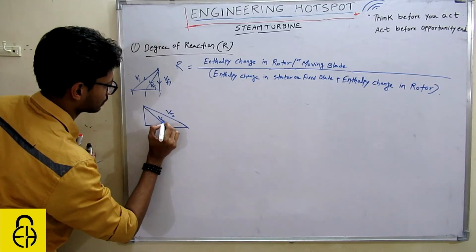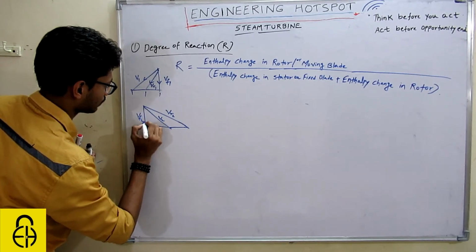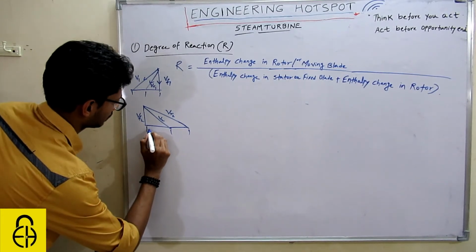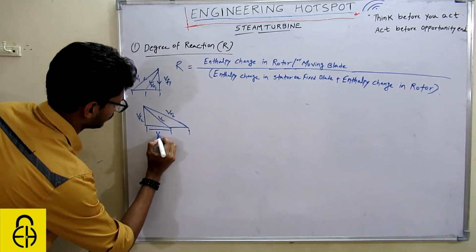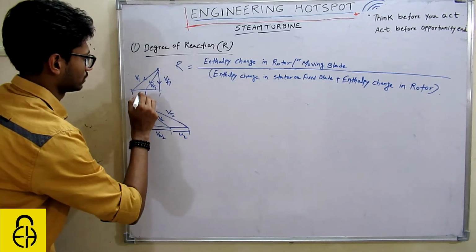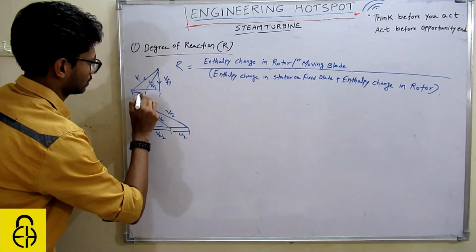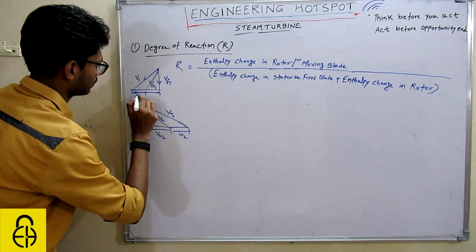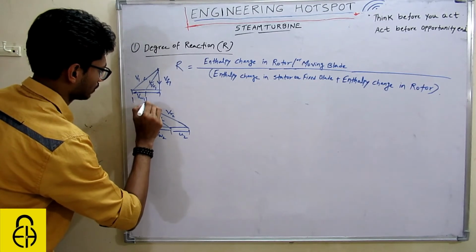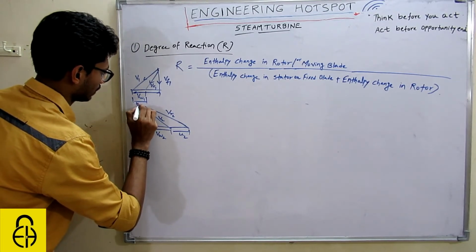This will be VR2, this is V2, this is VF2. This is VW2, this is your U2, this complete thing is your VW1, and this small thing will be your U1.